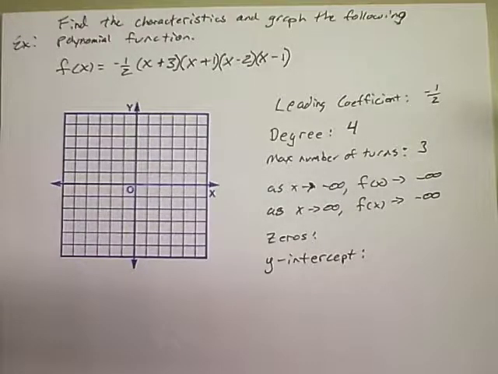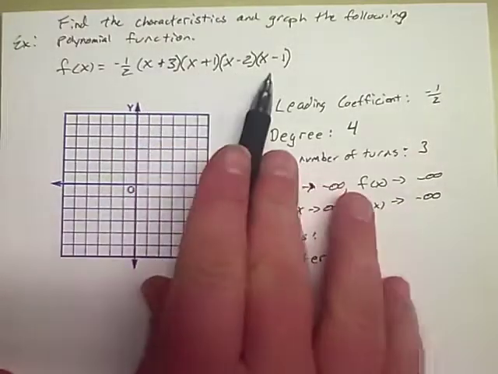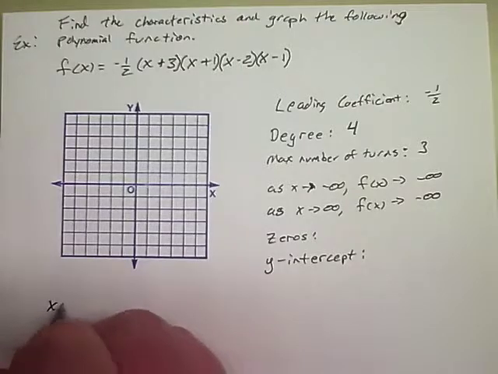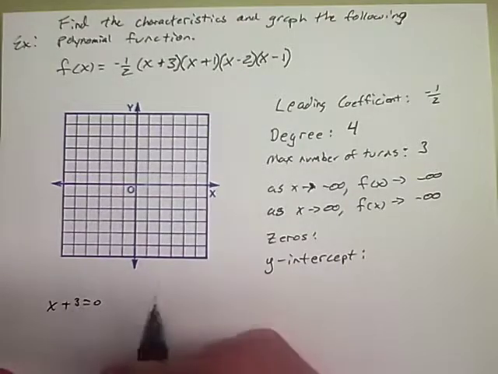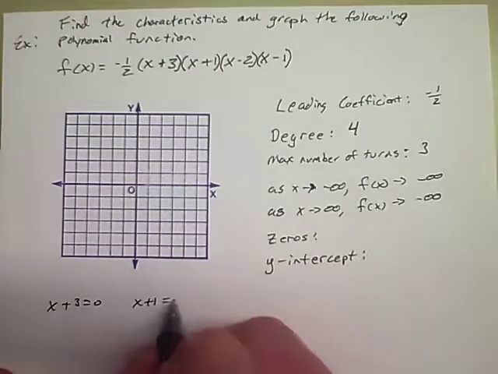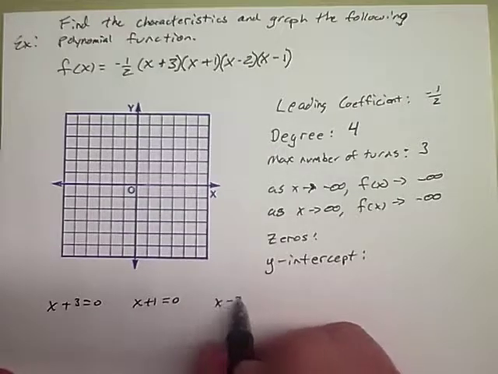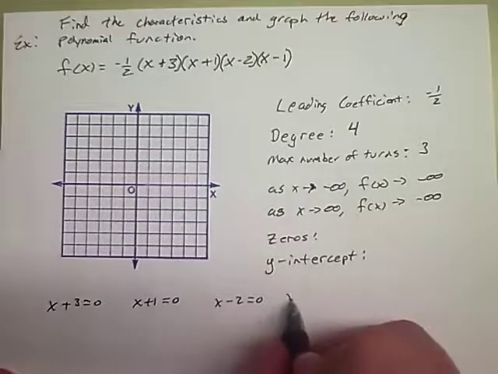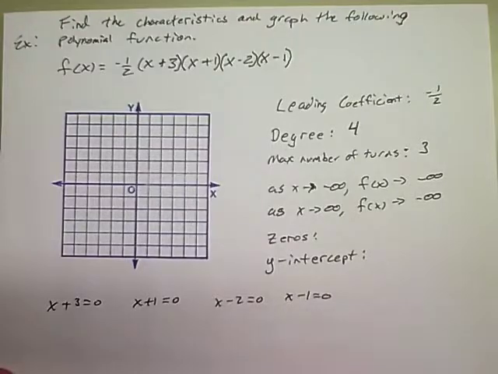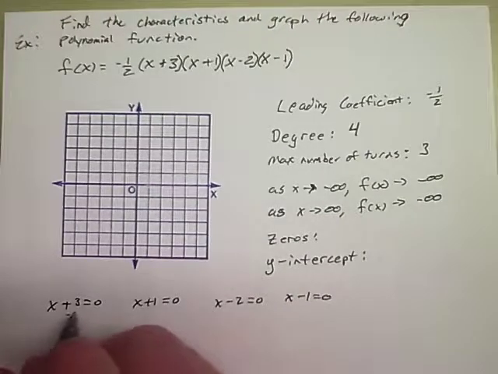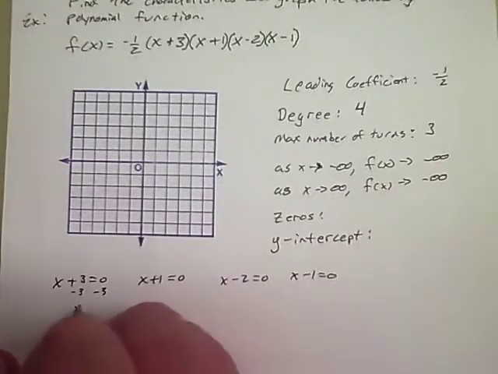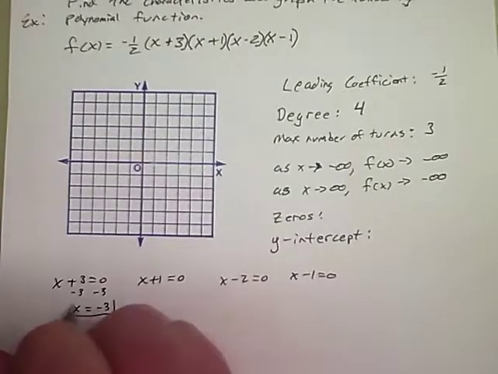All right. Now, for our zeros, I need to set each one of these factors equal to 0 and solve. So we have x plus 3 equals 0. I have x plus 1 equals 0. I have x minus 2 equals 0. And I have x minus 1 equals 0. Here I'm going to subtract 3, so x equals negative 3.